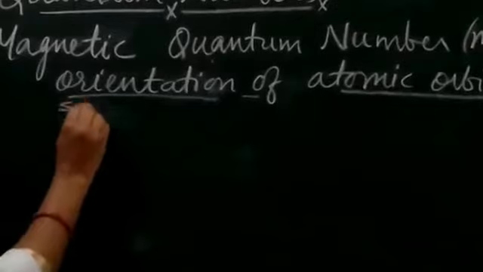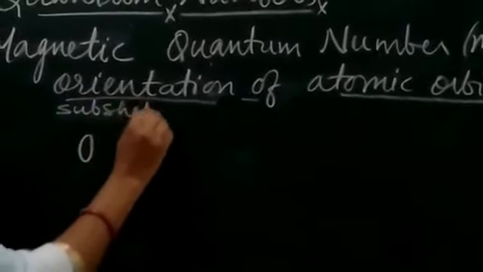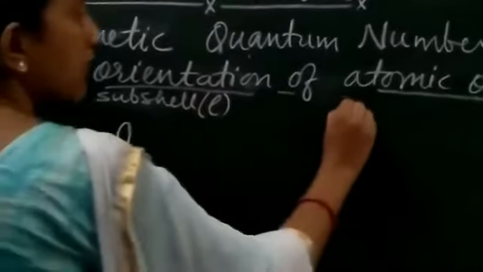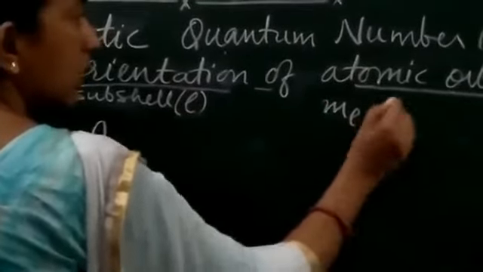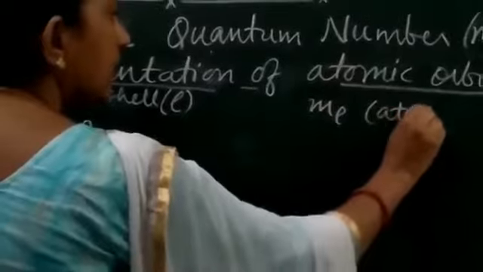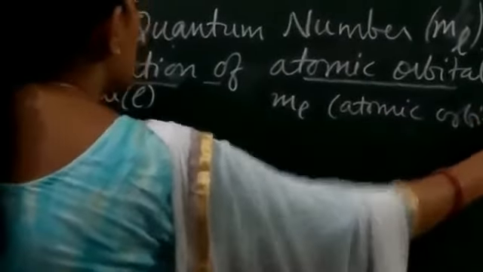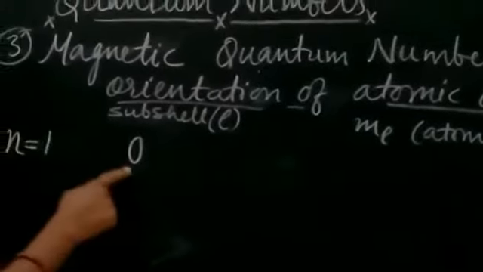So here we will have the subshell value, that is l, and here we will have the ml value, which will tell us about the atomic orbitals which will be associated.